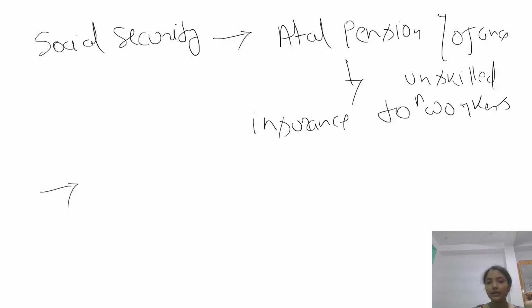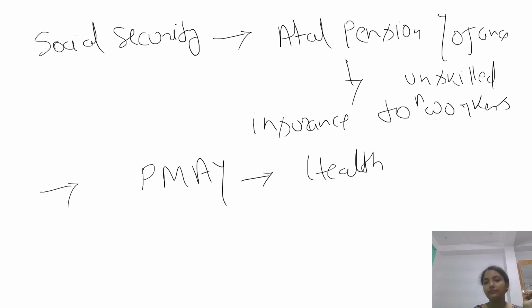Pradhan Mantri Arogya Yojana, which is a health insurance. Ayushman Bharat Yojana, which talks about the coverage of rupees 5 lakh healthcare.